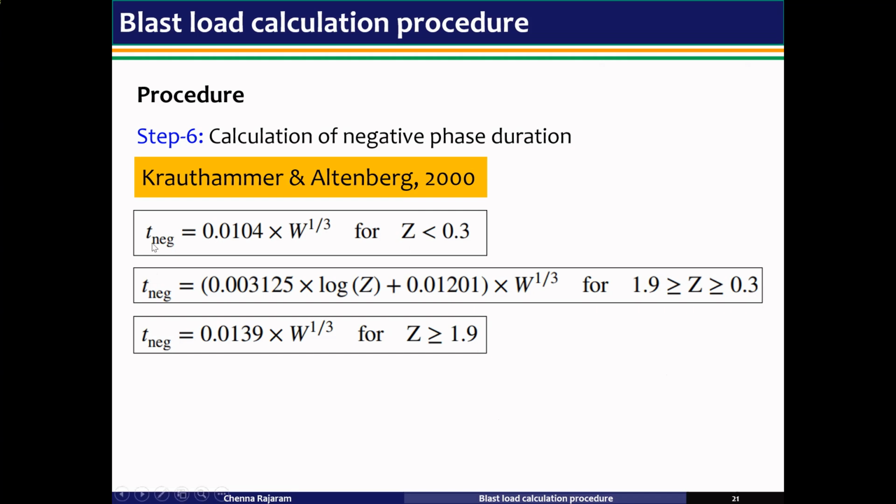Here also you can see if the Z value is less than 0.3, then T negative is dependent only on the weight of the TNT or weight of the charge. And if the Z value is in between 0.3 and 1.9, then T negative also depends on the Z value and W. And if the Z value is greater than 1.9, then it only depends on W.